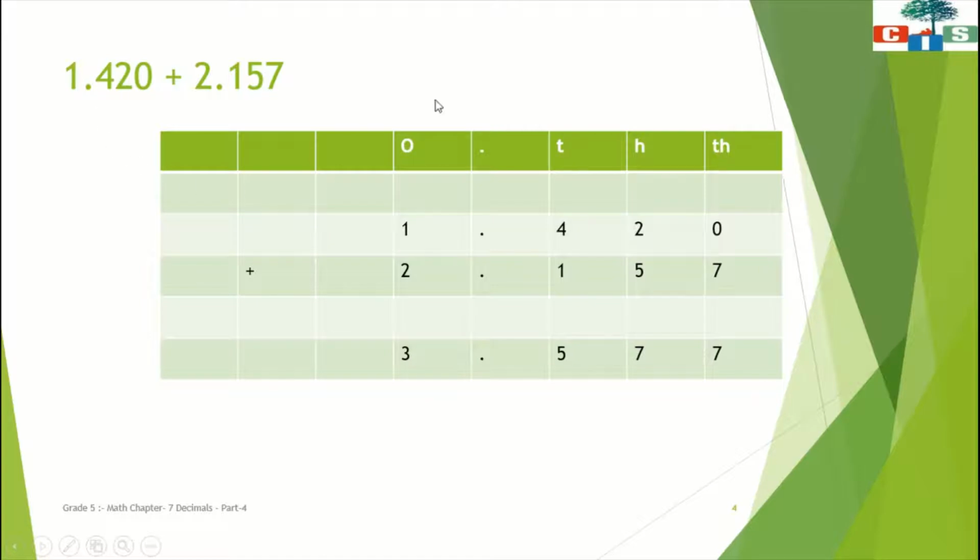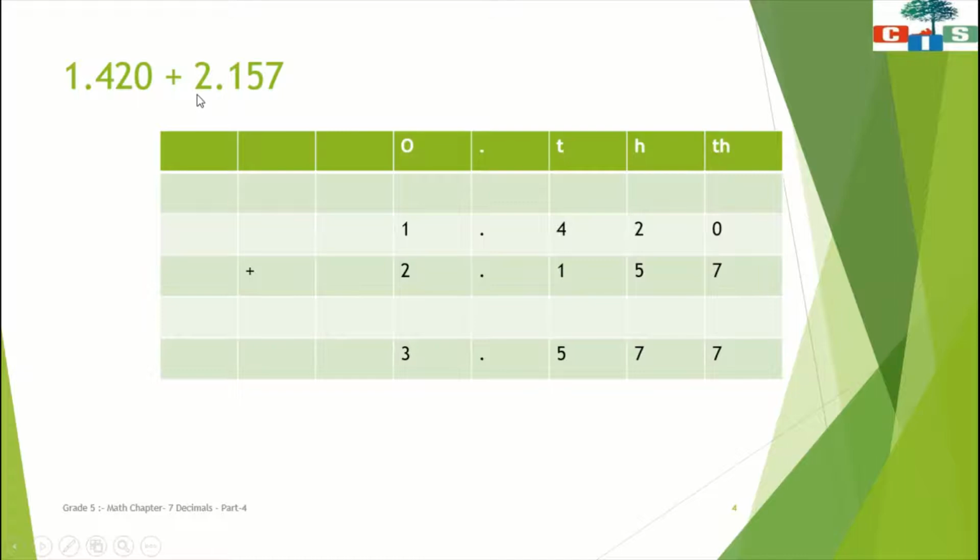We have to arrange the numbers according to this chart. Here we have 1 in the whole number part, so I will write 1. Then I will put the decimal point, and 4 is at the tenths place, so I will put 4 there. Then 2 is at the hundredths place, and 0 is at the thousandths place.